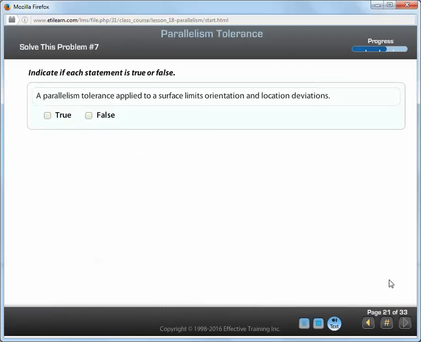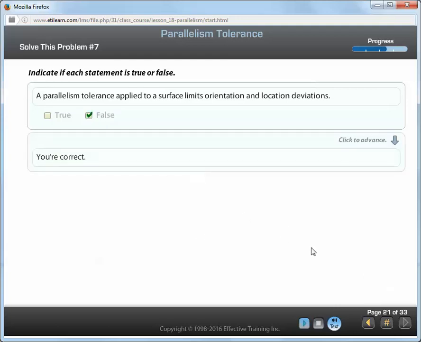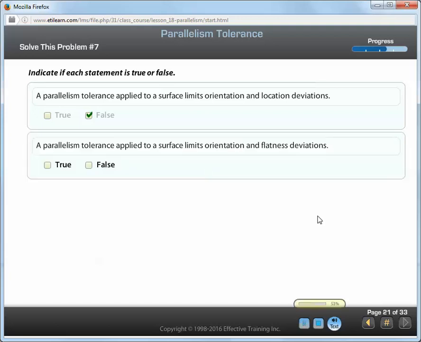A parallelism tolerance applied to a surface limits orientation and location deviations. You're correct. A parallelism tolerance applied to a surface limits orientation and flatness deviations.